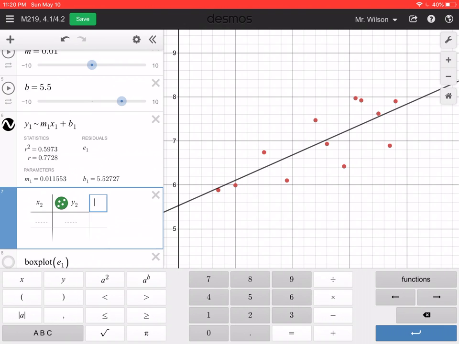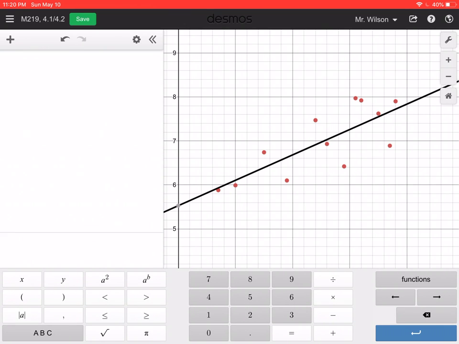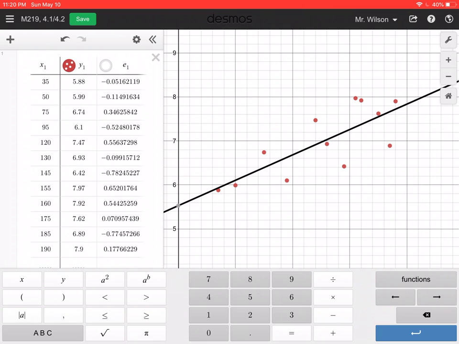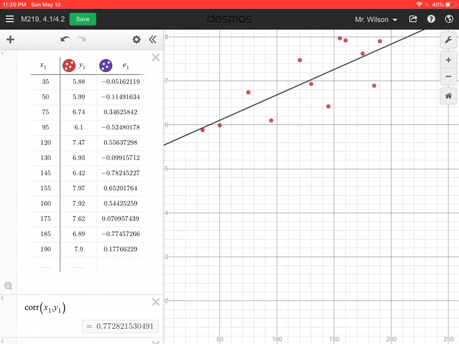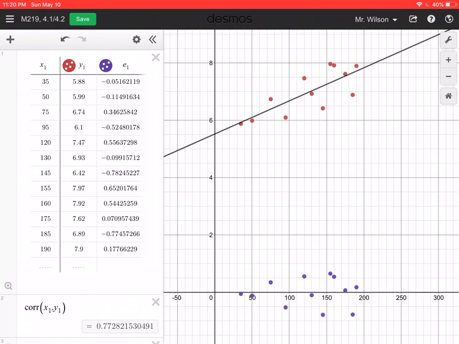And if you say yes, then it'll actually plot the residuals here for you in the third column, and that's what this is. So this E sub 1, that is the residuals. And what I can do is I can actually plot that value, and if I scroll down a little bit here, you can see there they are. Those are all the residuals.